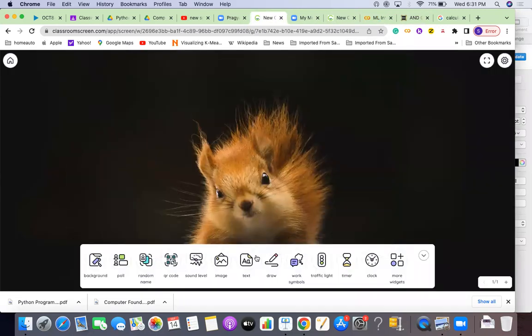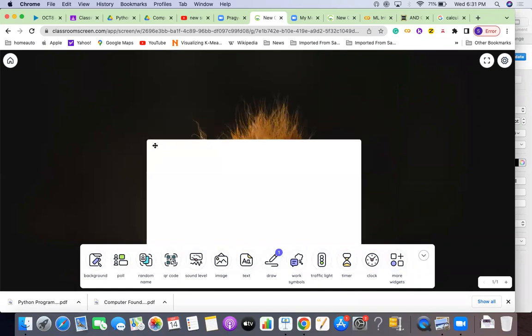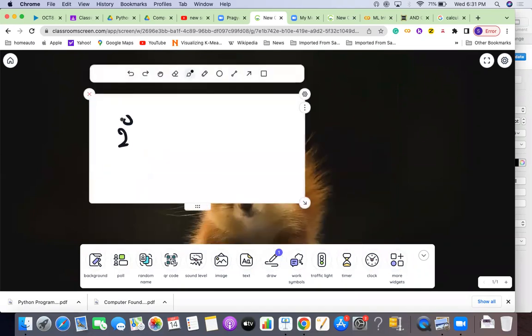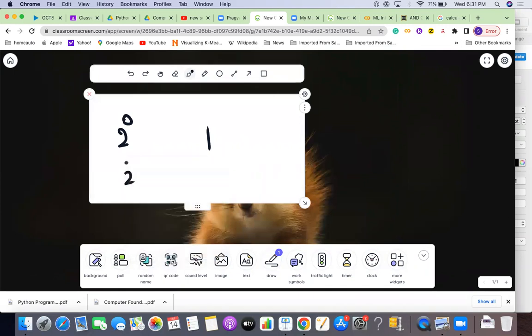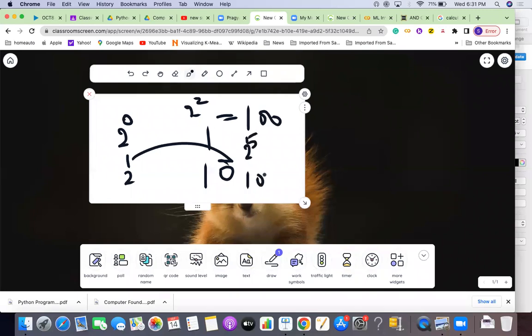Okay, let me do that. 2 to the power of 0 means 1, there is nothing there. 2 to the power of 1 means 1 then one 0. 2 to the power of 2 means 1 with two zeros. 2 to the power of 5 means 1 with 5 zeros, correct?